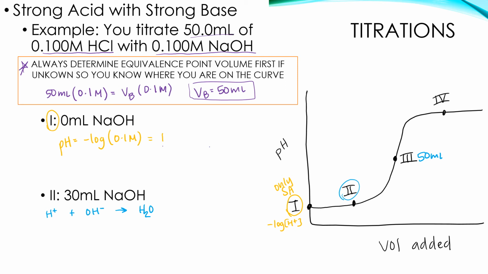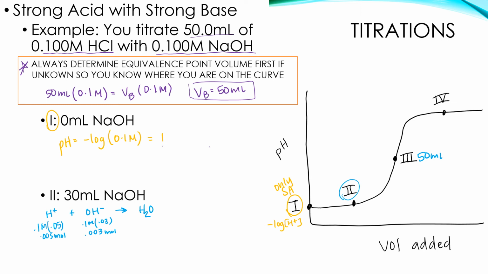So what I'm going to do is determine my moles of each. So 0.1 times 0.05 is 0.005 moles of acid. And then my hydroxide, 0.1 times 30 milliliters is 0.003 moles.